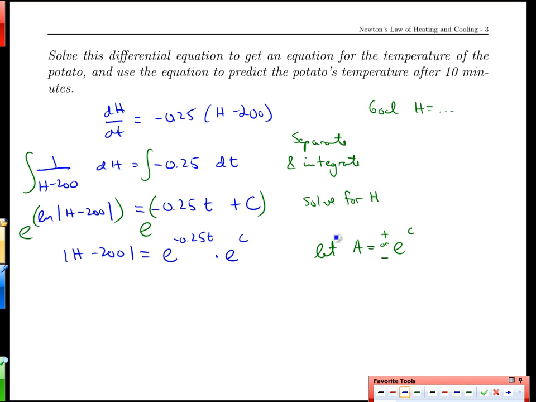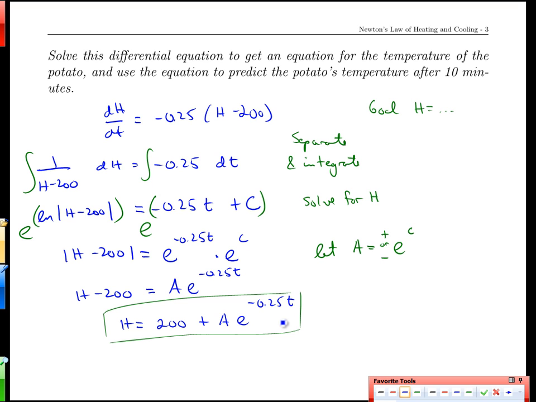So if we take away these absolute values, that might change the sign of the right-hand side. And so what we're going to do is just lump that sign into something called A. So that's the only thing that changes on the right. On the left, we can get rid of our absolute values. All right. Last but not least, we can solve for H. We're almost there. H, in fact, is equal to 200 plus A e to the minus 0.25 t. And that would be our general solution.